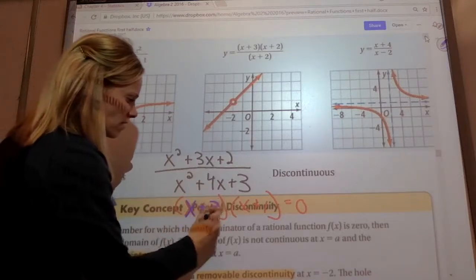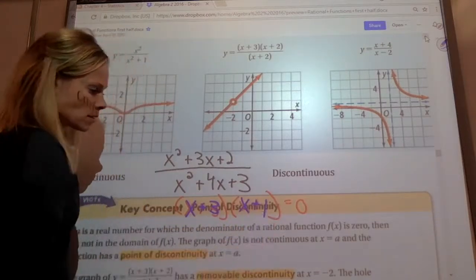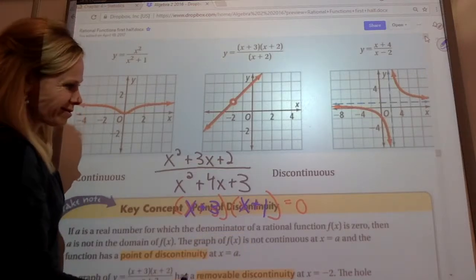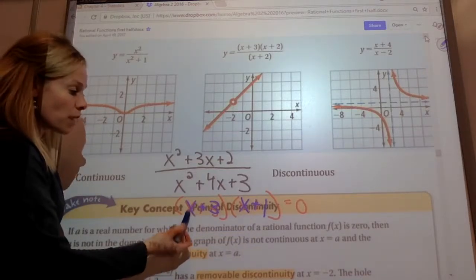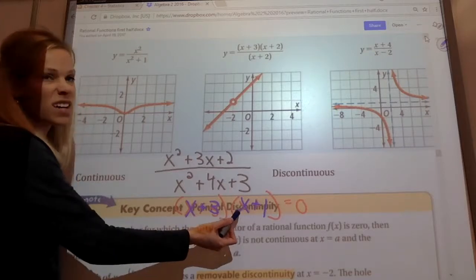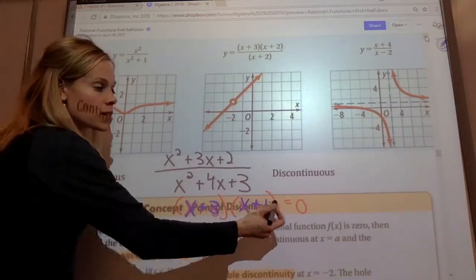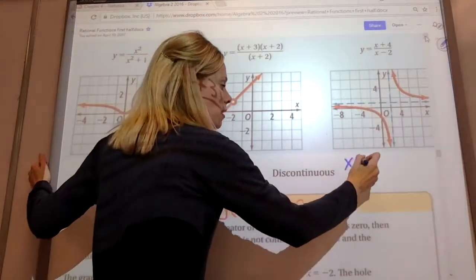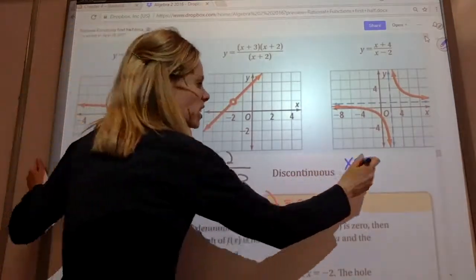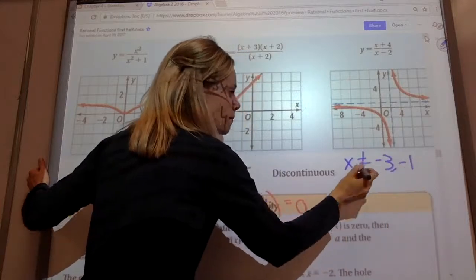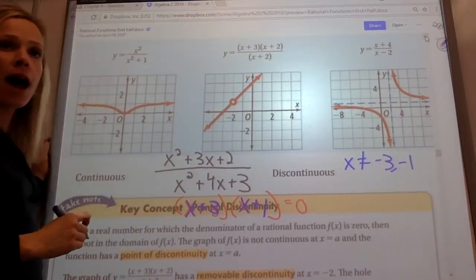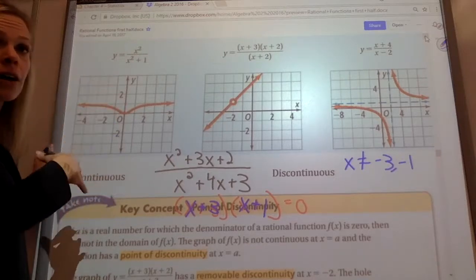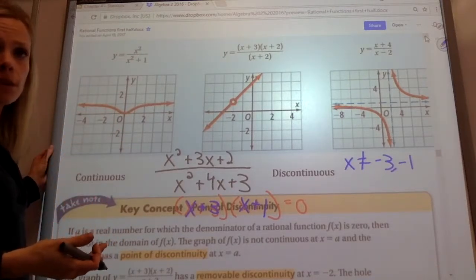Can you see that? It factors into (x + 3)(x + 1). So my domain cannot be -3 and -1 because that makes the bottom 0. Okay, if x cannot be -3 and -1, that must mean I have asymptotes there. There's some sort of discontinuity there if x cannot be that.